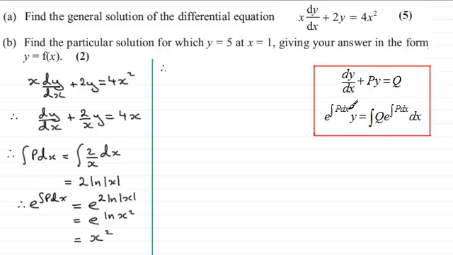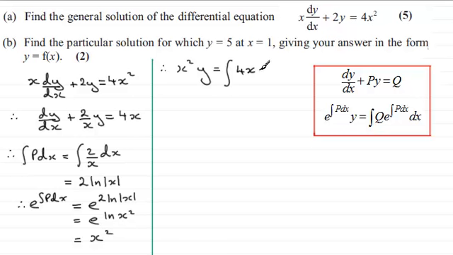Okay, so if we just carry on down here, if we now go to our equation here, we've therefore got e to the integral P dx, which is x squared. So x squared multiplied by y will equal the integral of Q, which was 4x, and that's being multiplied by e to the integral P dx, which we've seen as x squared.